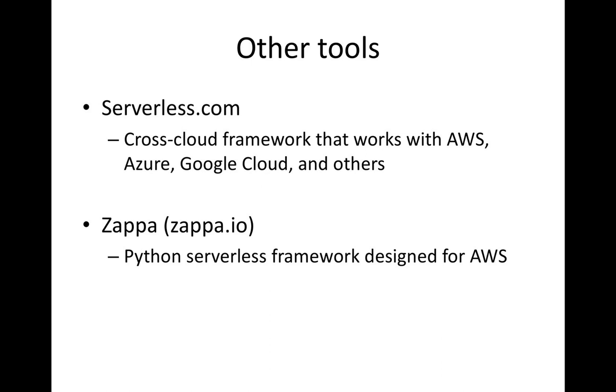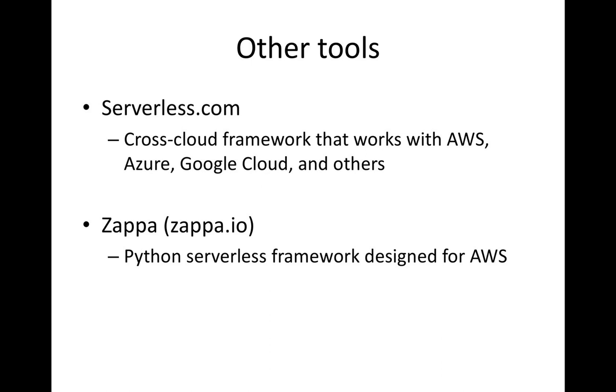I recommend that you take a couple minutes and look at these two tools that I have mentioned here, serverless.com, which is an application framework that works with a number of different cloud platforms, not only AWS, but Azure, Google Cloud, and others. And then the second tool, which is Zappa, located at zappa.io.